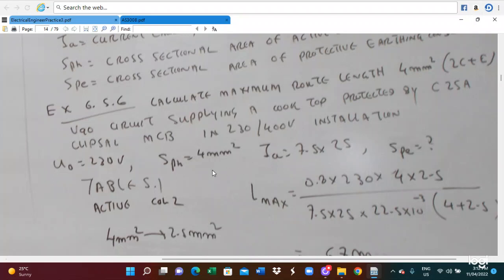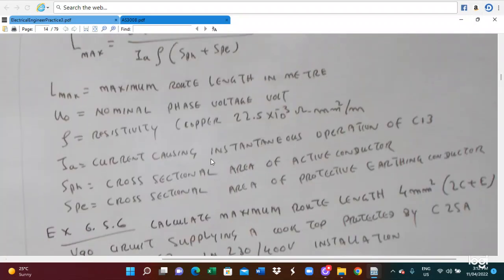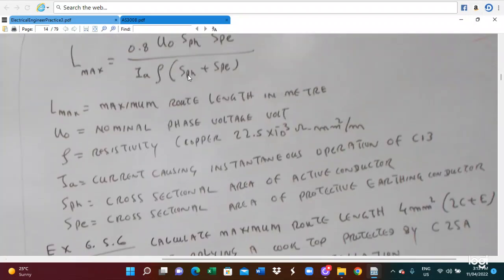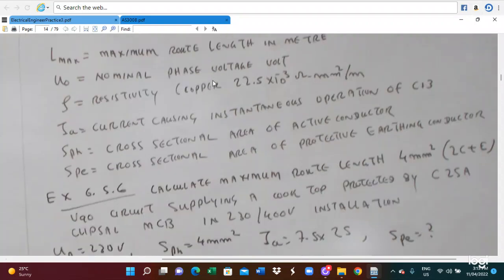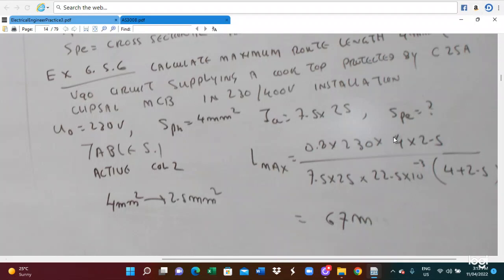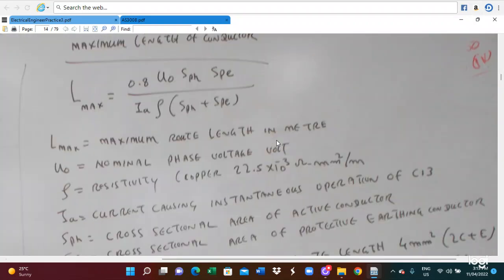In this case, we have to find out what should be the phase conductor, SPH, and SPE. SPH is the cross-sectional area of the active conductor. SPE is the cross-sectional area of the earth conductor. These problems are to calculate the maximum length. We already know this equation and we have to substitute.